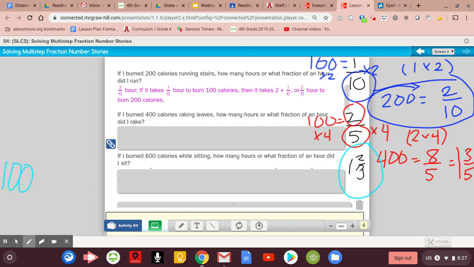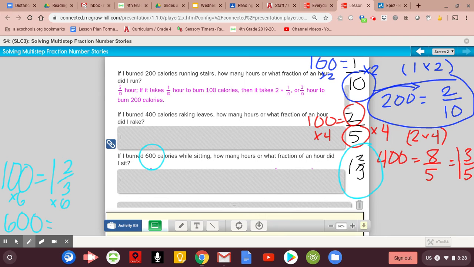So for 100 calories, I sat for 1 hour and 2/3. That I got from the previous chart. To get 600, I need to times this by 6 and this side by 6. So I've got 600 here, and now 1 2/3 times 6.